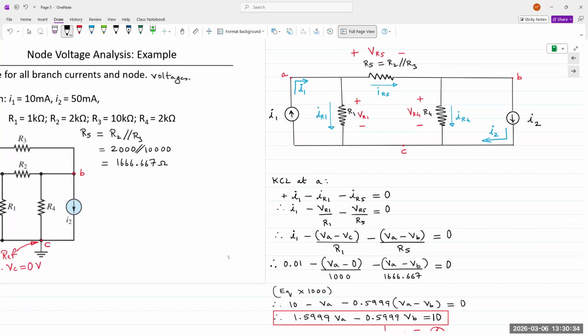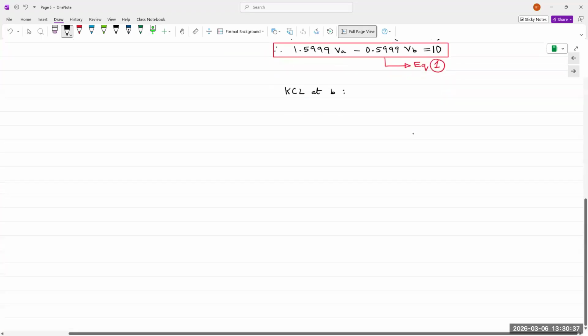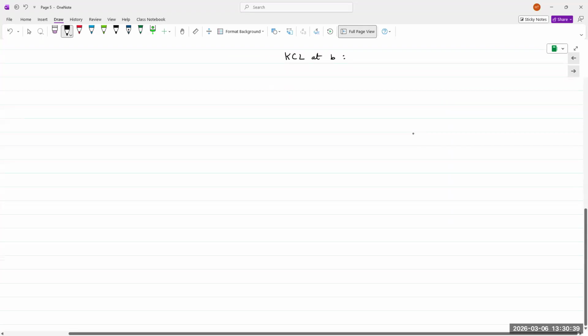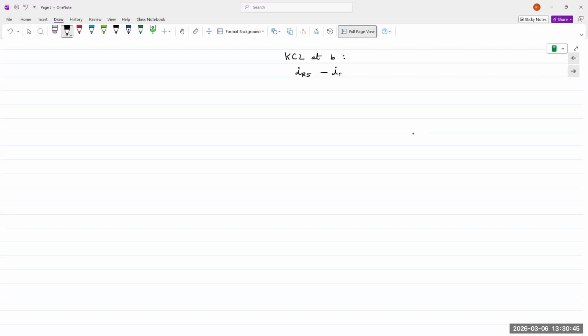So IR5 minus IR4 minus I2 is equal to 0.